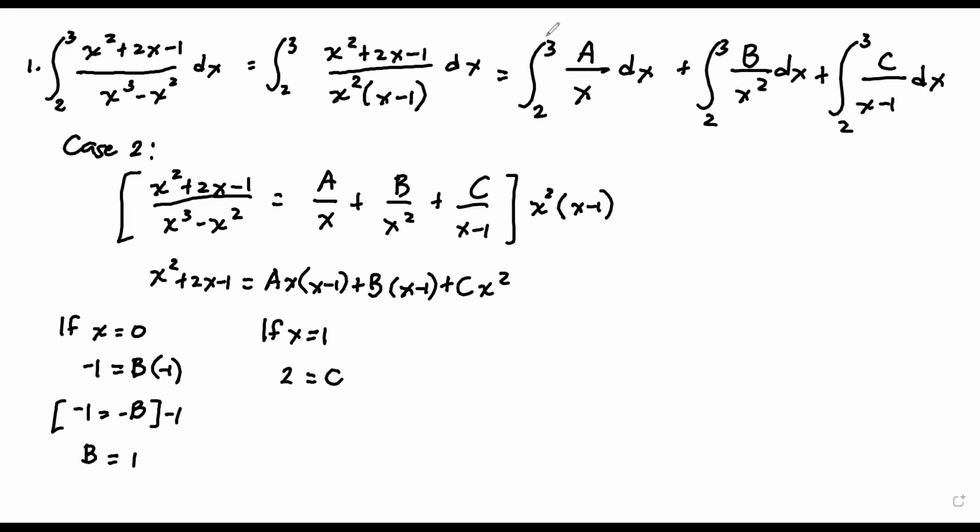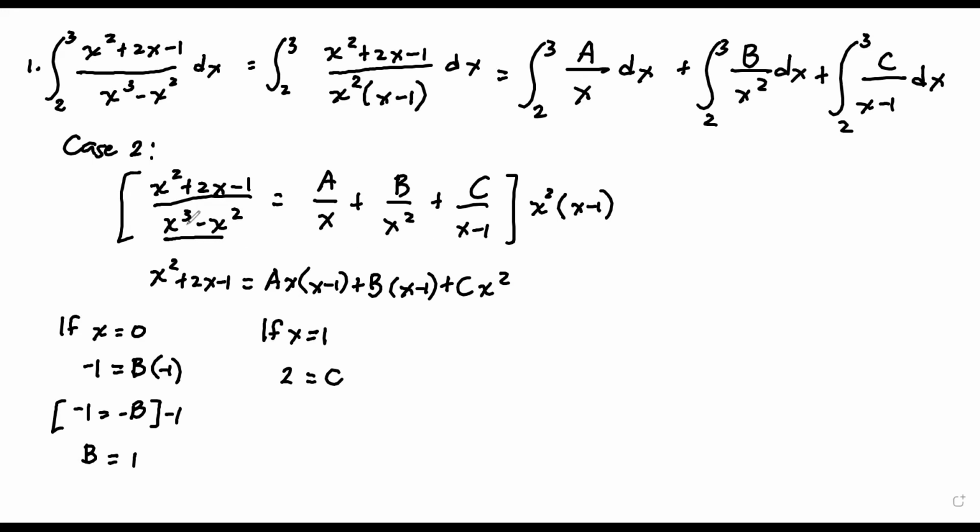Okay na? Hindi po need na equal po tong denominator ni left side sa denominator sa right side? Hindi po. Yung denominator po ni left side equal po sa product nitong denominator sa right side. They are not equal.